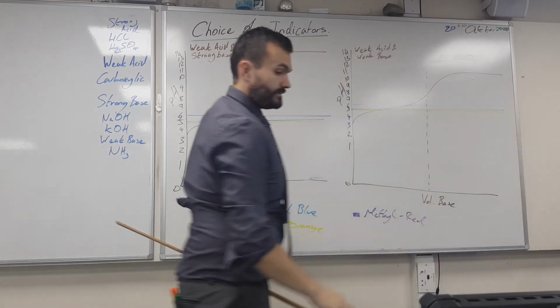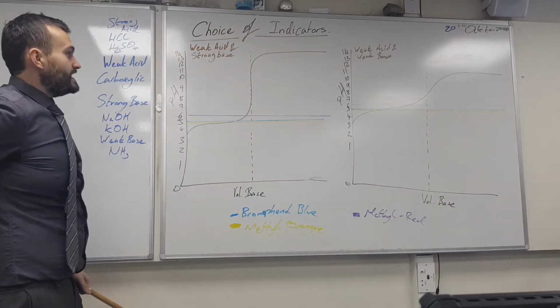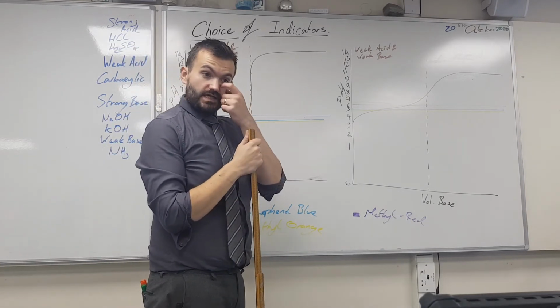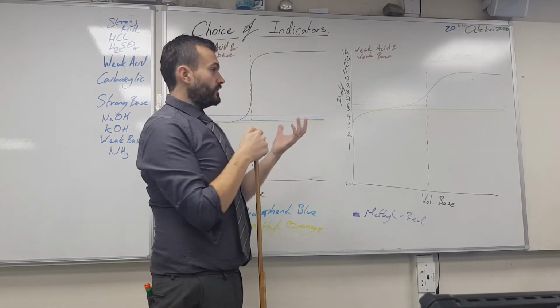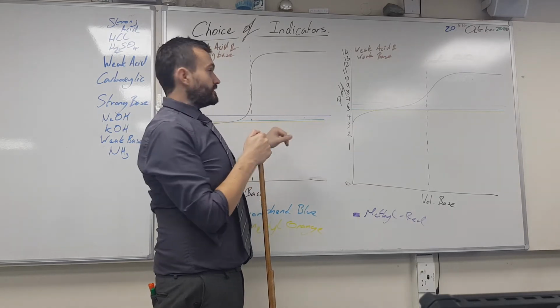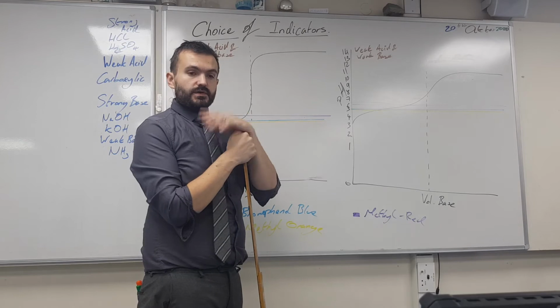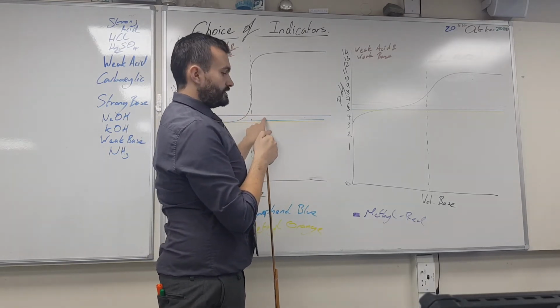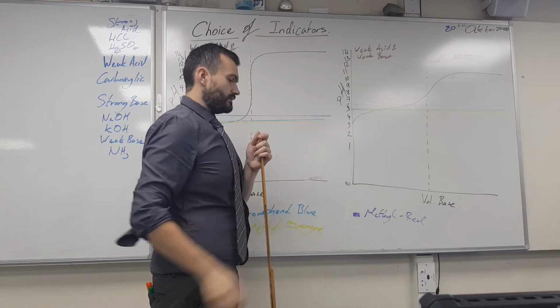Hopefully you can see that purple line, but neither of them are going through the equivalence point. So we can't use that indicator for this reaction. I imagine if I had drawn this slightly different, this bit might be an equivalence point, but it's not. So we cannot use the methyl red.